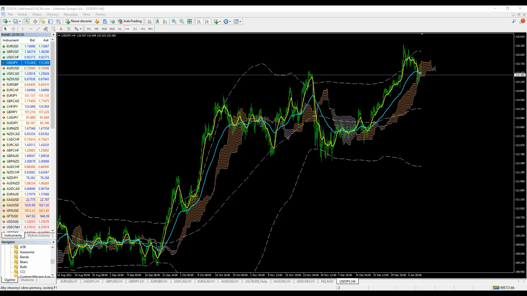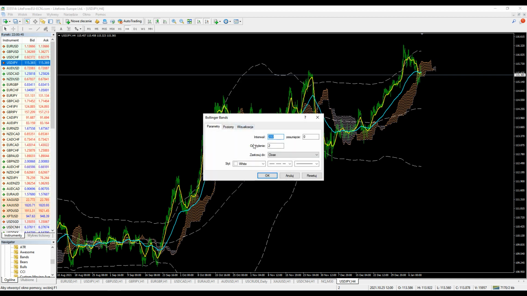Well, we are going to need a few indicators. And what I found very interesting was the approach when it comes to the Bollinger Band, because it's completely different parameters.